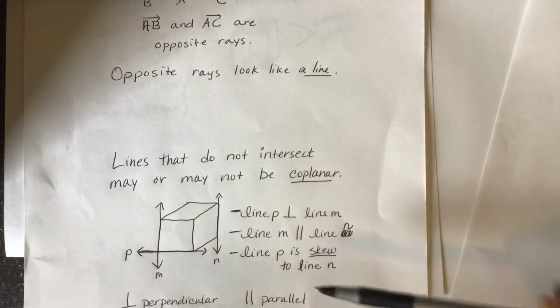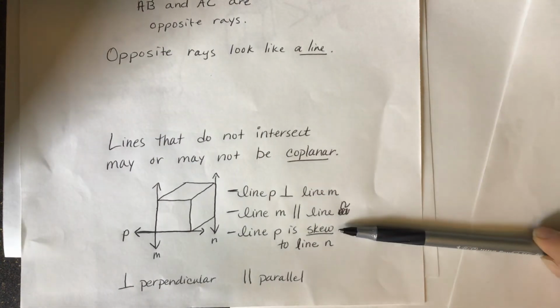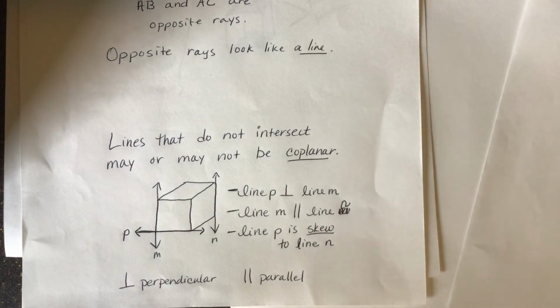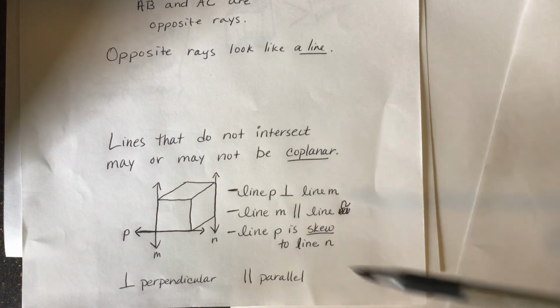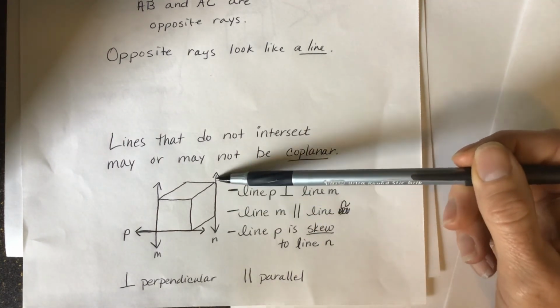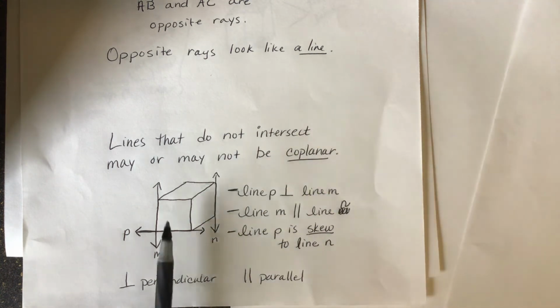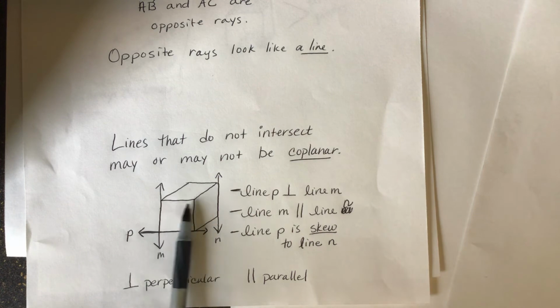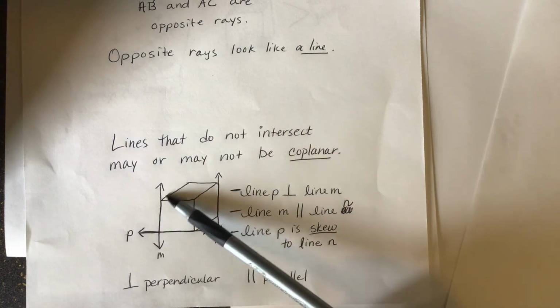So what do we call them? Well, we have a special word for them. They're called skew. Skew lines are just those lines that kind of float out in space and really don't have any relationship to each other. Let me show you another set of skew lines on this picture. If I stick with this one here, another line that's skew to this one would be this one up front, right here. Another one would be this one right here.